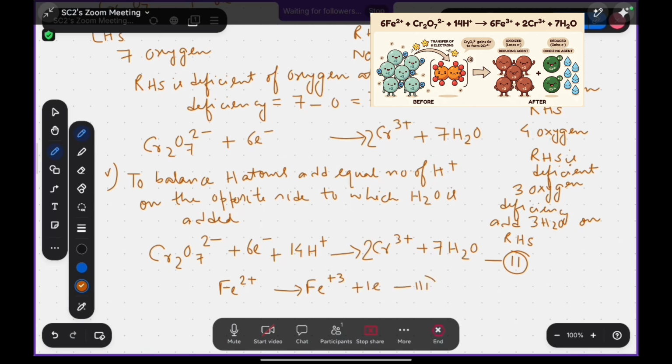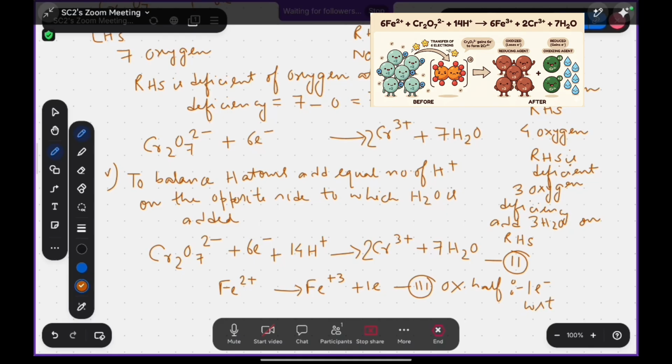Now see, the problem is, as I said, the law of conservation of charge. What did I say? The number of electrons lost in oxidation. How many are lost in this oxidation half reaction? 1 electron is lost.